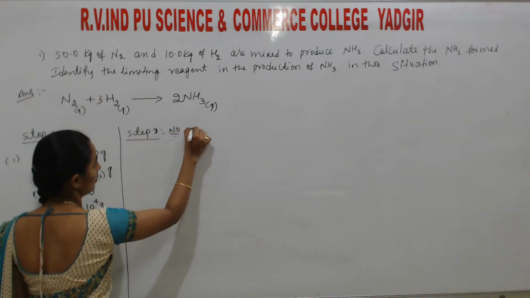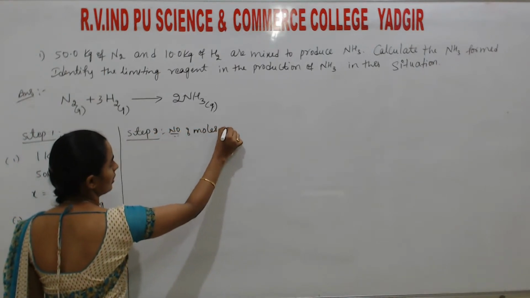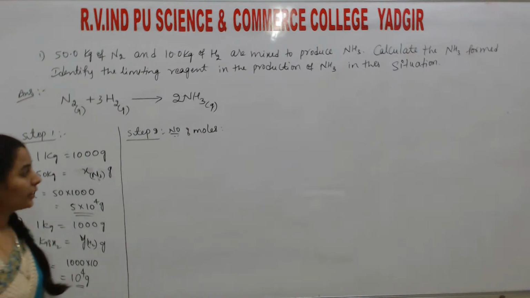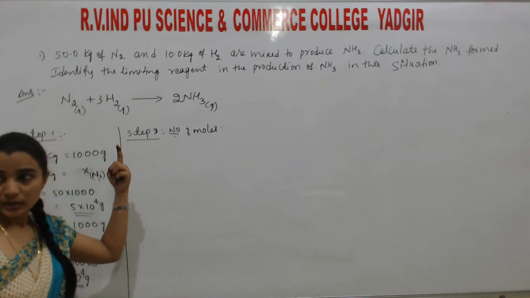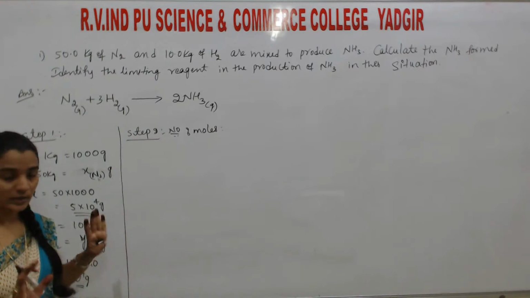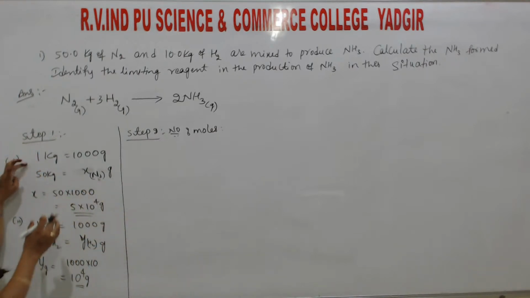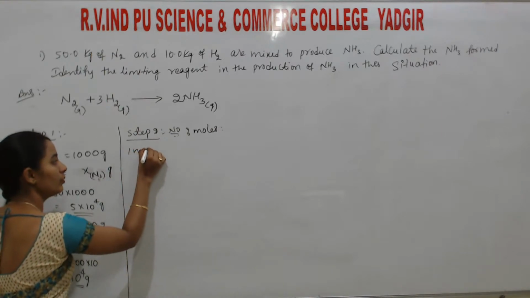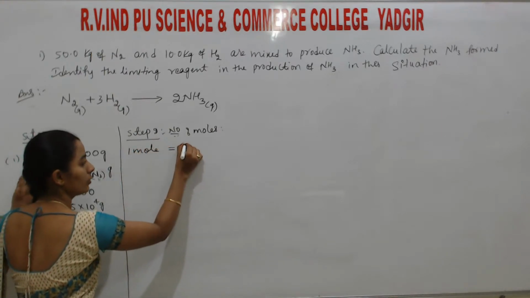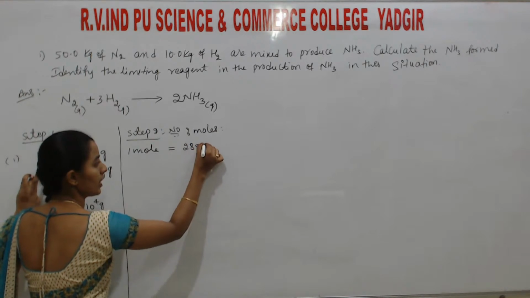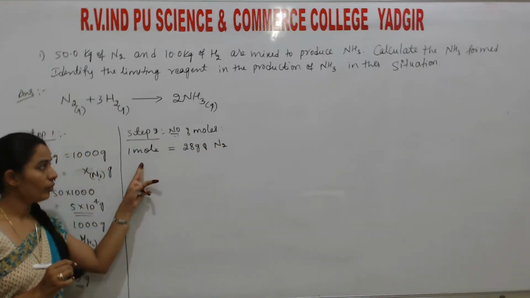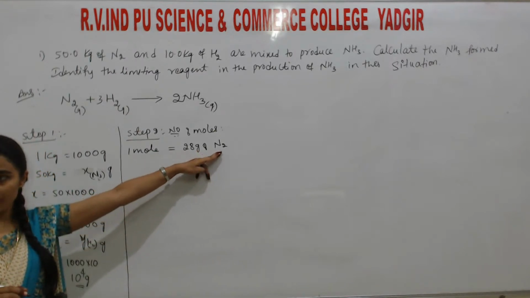Next, step 2: number of moles. How to calculate the number of moles? It is given mass divided by molecular mass. Just compare. We have N2. 1 mole of N2 is equal to 28 gram of N2.